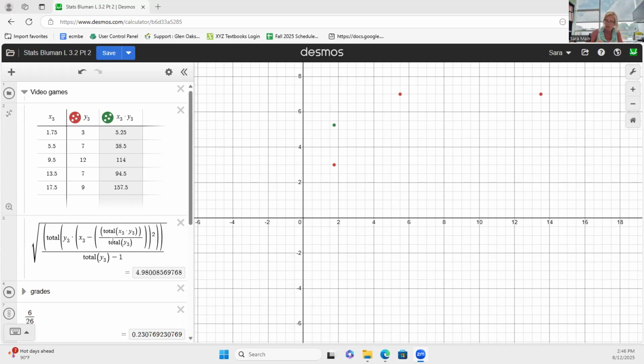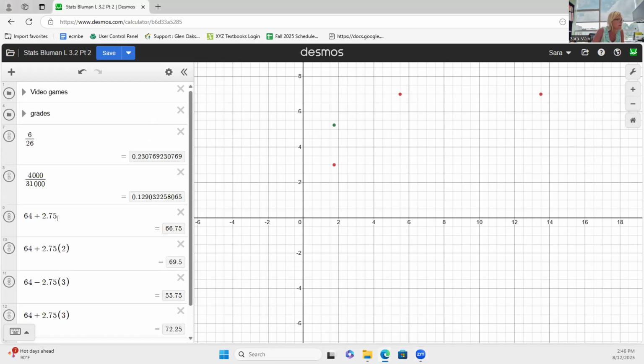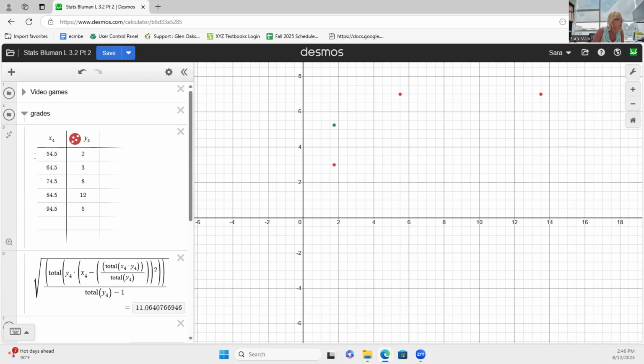So the standard deviation for the number of hours teenagers spend on video games is 4.98 hours. And then if you look down on the data that we looked at in example 5 there on the grades, I put that data right here in X4, Y4.